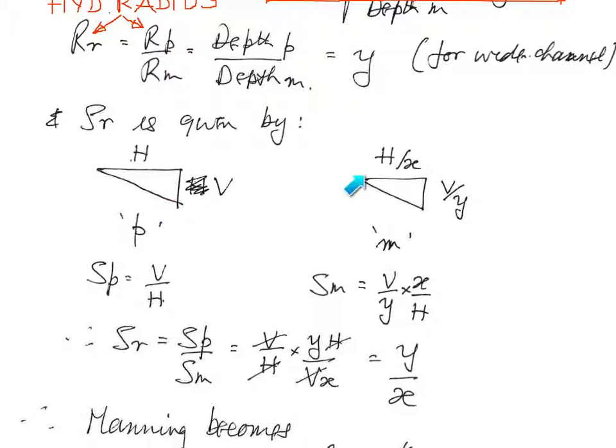So in the model, the horizontal distance would be scaled by x, so it would be h over x, and the vertical distance would be v over y. So consequently we can write for SP v over h, and for SM v over y times x over h. Our end result is that the ratio of the bed slopes, SP to SM, is y over x.